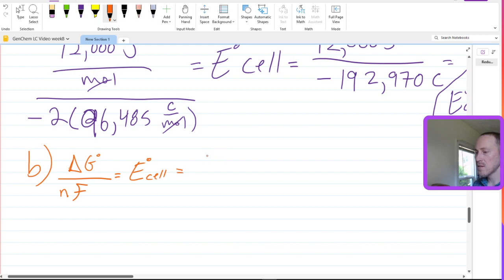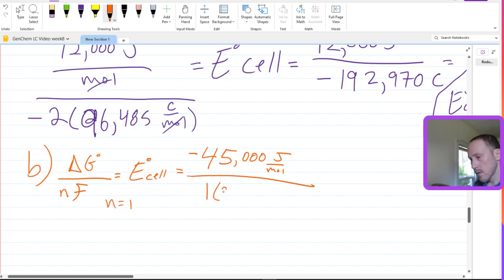In this case, that's going to be negative 45,000 joules per mole. Our n equals 1, we were told. Our Faraday's constant is the same. Our unit analysis is the same.